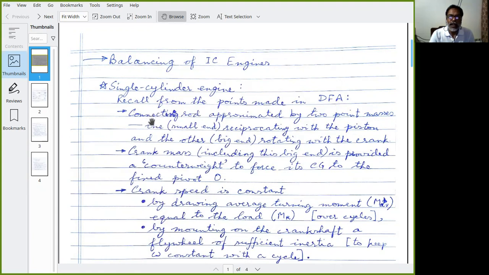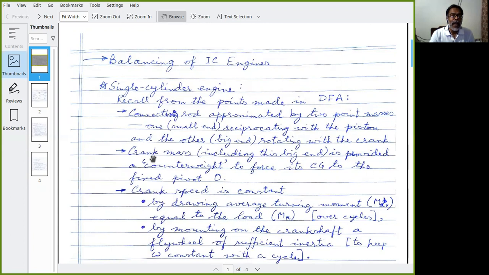That is, the connecting rod is approximated by two lumped masses, one reciprocating with the piston, executing only sliding motion, and the other rotating with the crank, executing only rotary motion, which simplifies their dynamics.